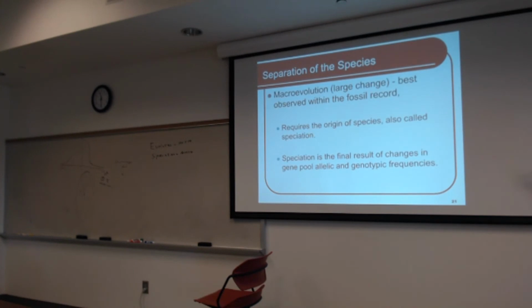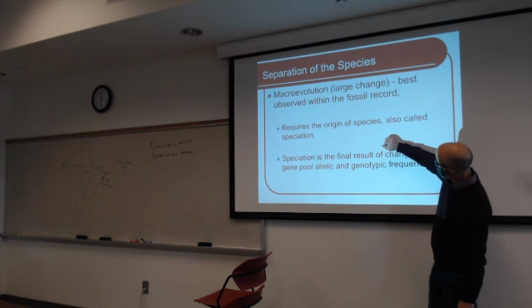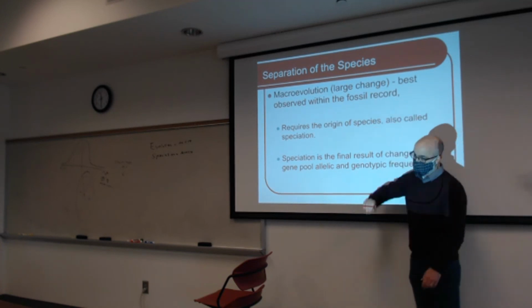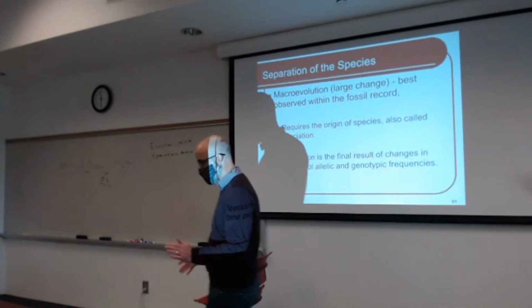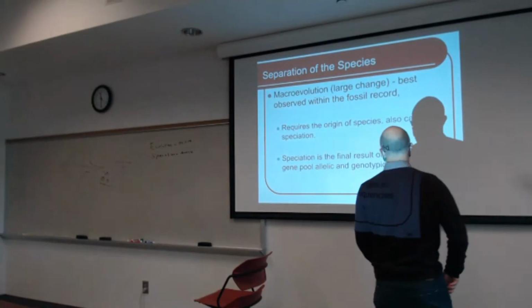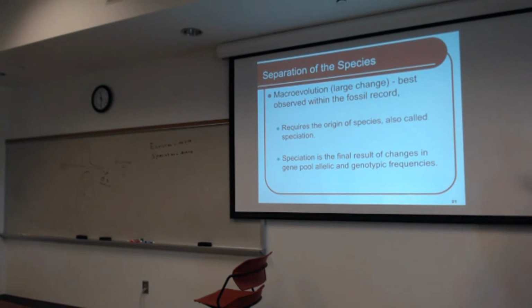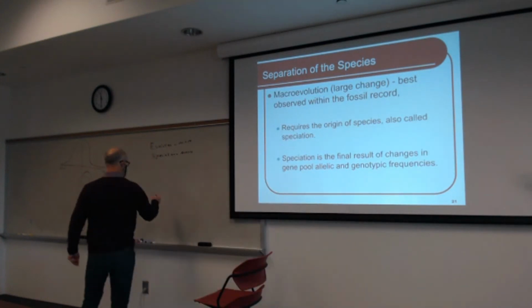So, lots about microevolution. Today we're going to talk about large change evolution. You can see this best because it does tend to happen on longer time scales. It's really best observed in the fossil record. Right? And again, tying this back to our discussion of phylogenies, right?